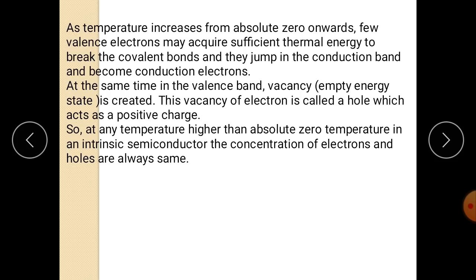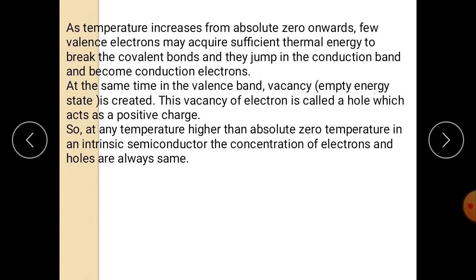Hence, in intrinsic semiconductors, there are two charge carriers. One is free electrons, also called conduction electrons, in the conduction band. Second is holes in the valence band. Free electrons carry negative charge and holes carry positive charge.